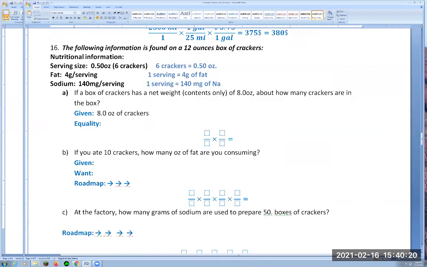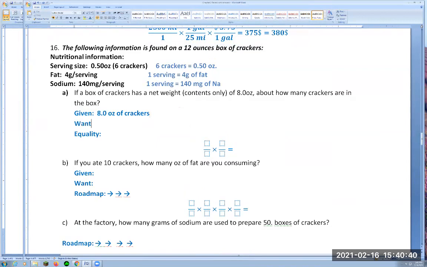The box is 12 ounces, but only 8 ounces are for the crackers only, right? Because this 12 ounce box of crackers is the packaging plus the crackers. So crackers only, it's 8 ounces of crackers, and you want to find how many crackers.